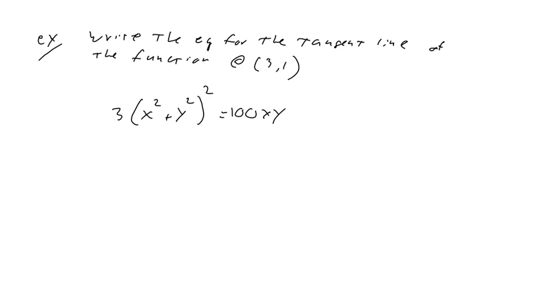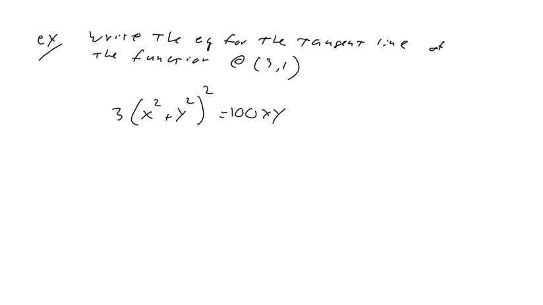Let me head there now, because it's very helpful to find a little visual of what this equation is. So let me go to Desmos. I've got 3 times (x squared plus y squared) squared equals 100xy.